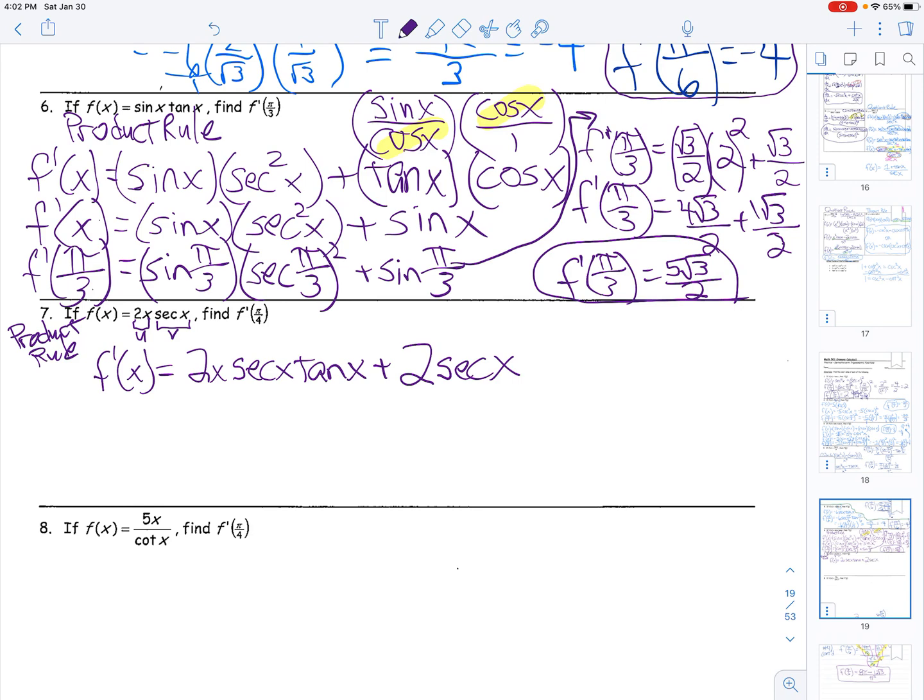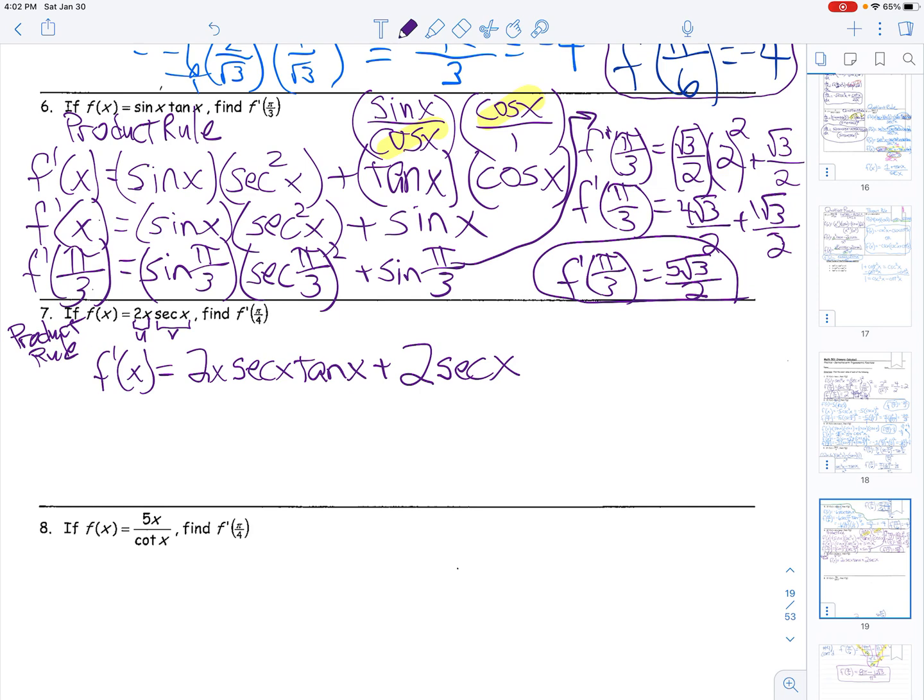So I'm going to write that as 2 secant of x. I guess could I factor here? Yeah, I could. I don't know if it would help me out, though, in terms of plugging in pi over 4, right?